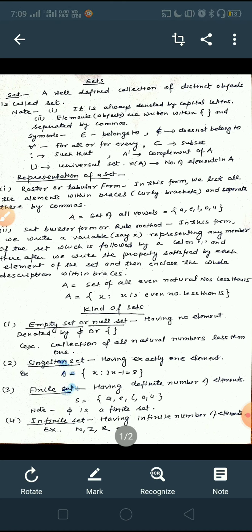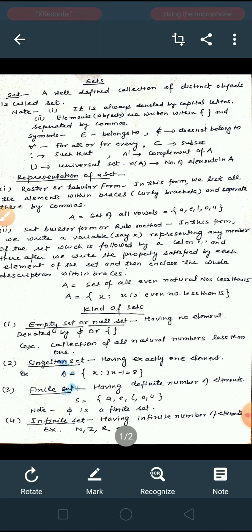Now come to the third, finite set. Children, finite set means having a definite number of elements, means their number will be certain, you can count them. It is also called a countable set because you can count them.